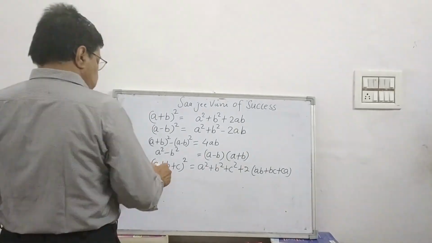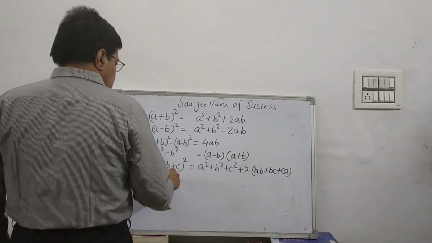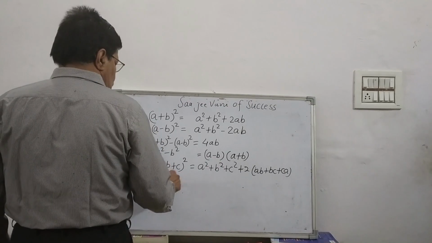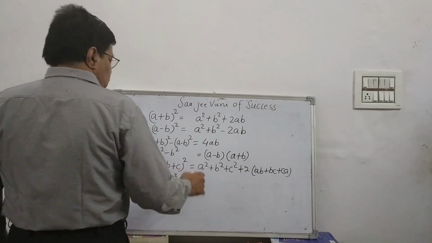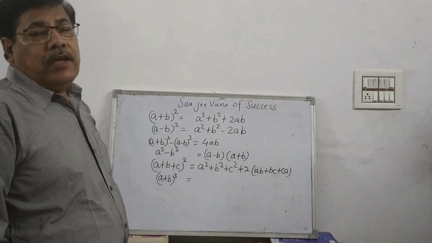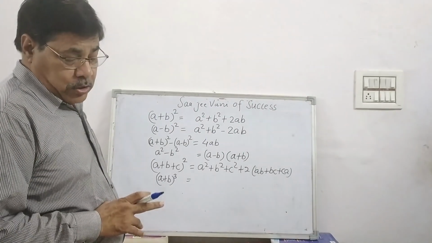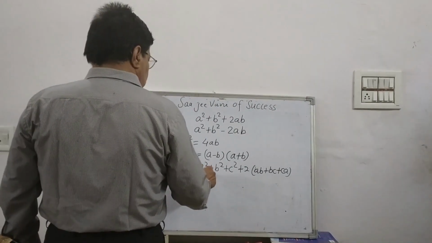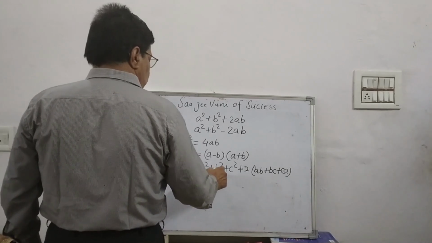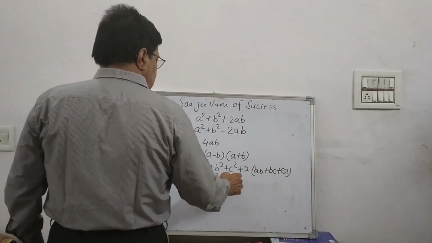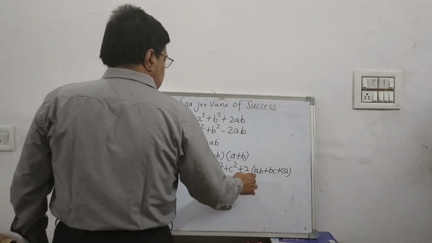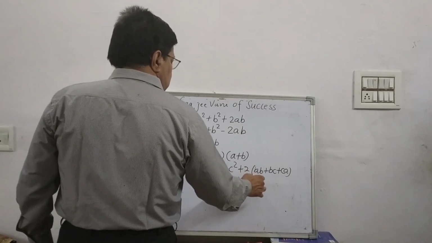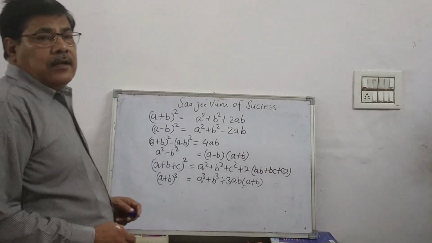Now I'm coming to the cube. What is the expansion of a plus b whole cube? The expansion of a plus b whole cube is a cube plus b cube plus 3 times ab, then in a bracket a plus b. Clear?